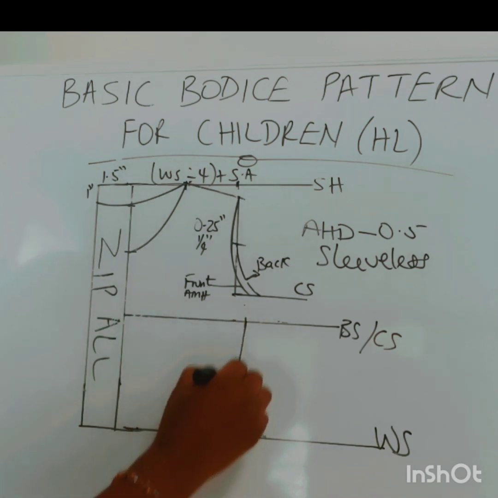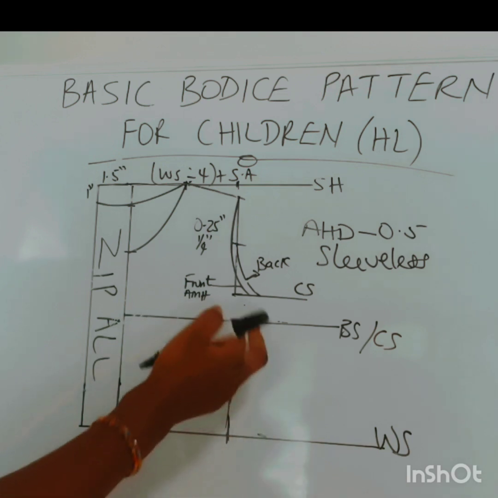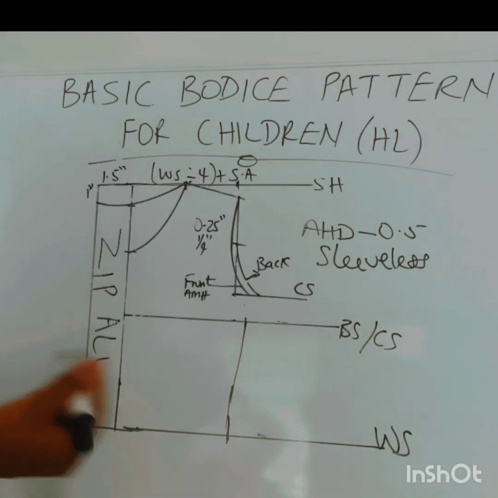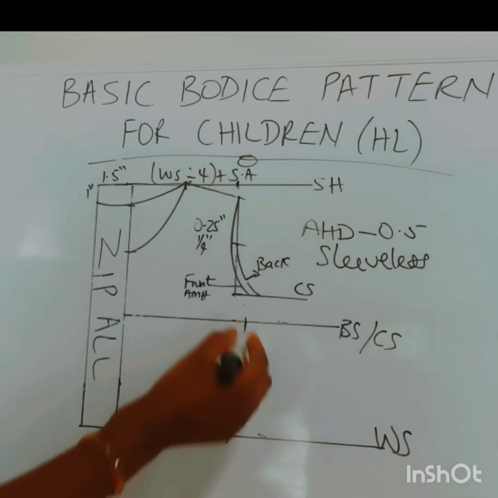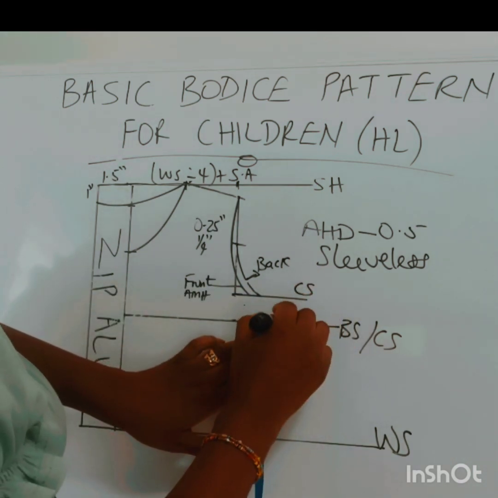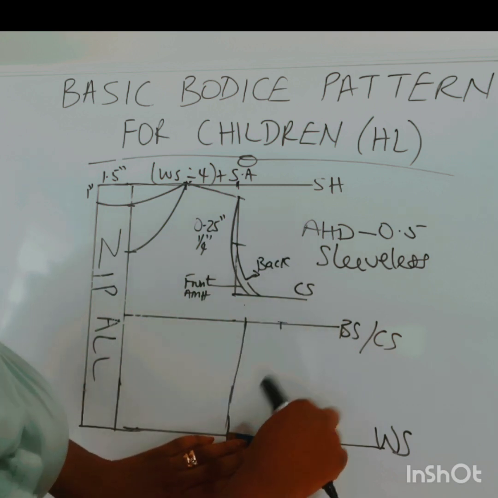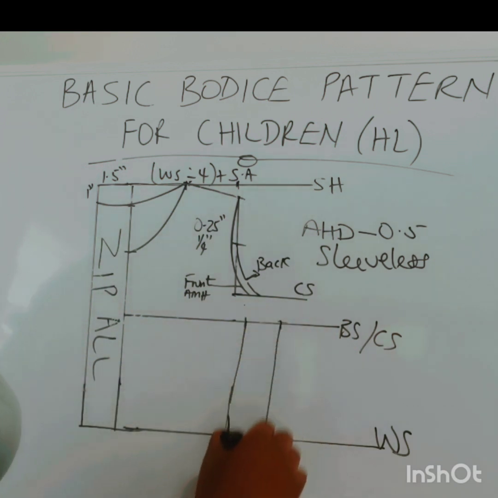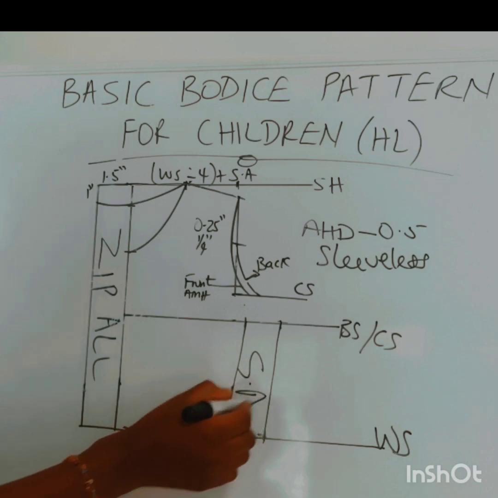Then you connect. So you can go ahead and add the same allowance that you want. Same allowance can be 1 inch, can be 1.5. So let me just mark 1.5. And just connect. So this part is our same allowance.